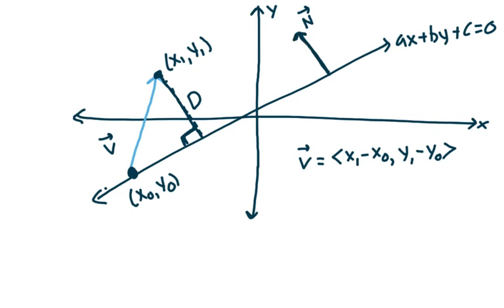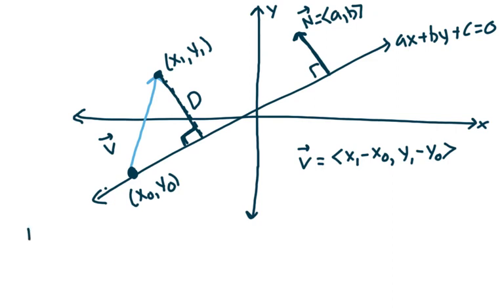Okay? So we need that. And remember that n is the vector (a, b). To find the distance from the point (x1, y1) to the line, I'm going to take the scalar projection of v onto n.